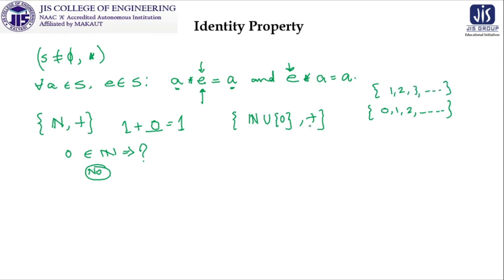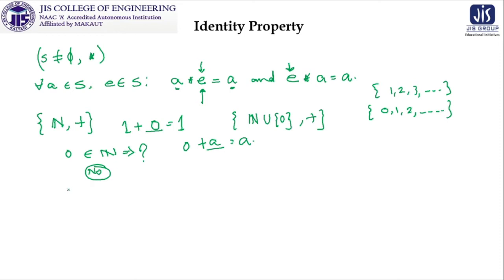Now you will see any natural number with addition of 0 remains same, or 0 with addition of any natural number keeps the natural number as it was. So N union 0 with addition is having the identity property.